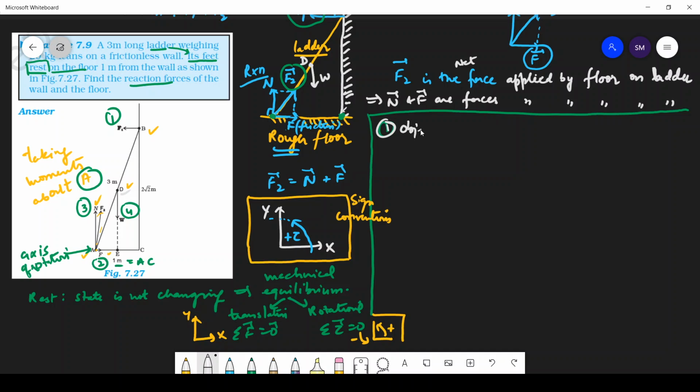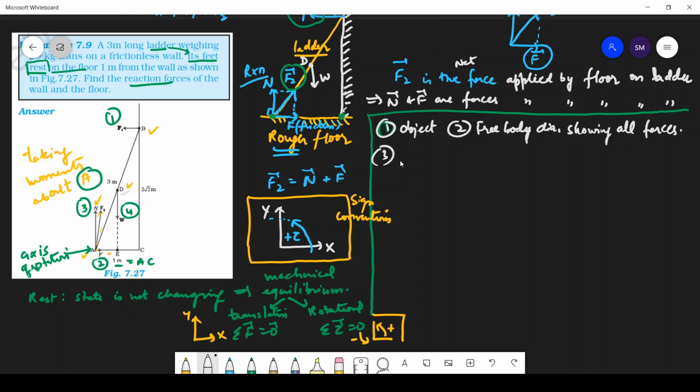So where is your object which is in equilibrium? And second, you have to draw a free body diagram, like I have made here, showing all external forces.